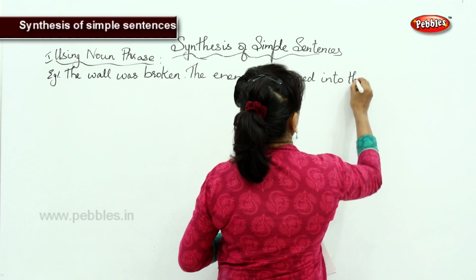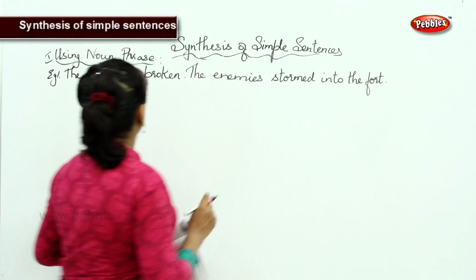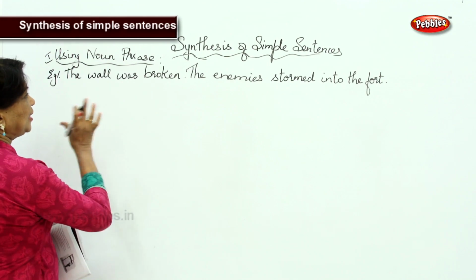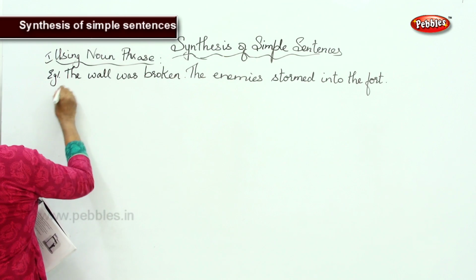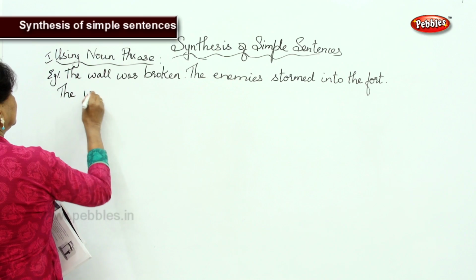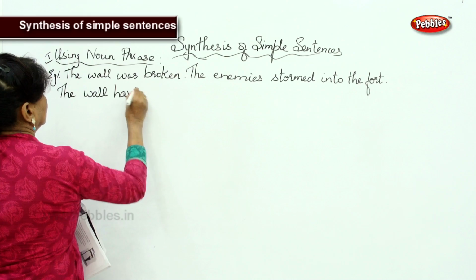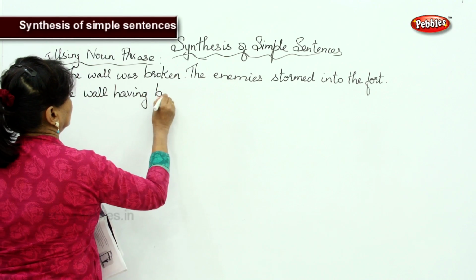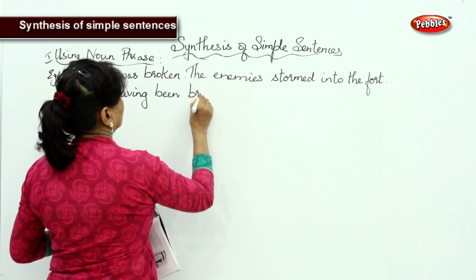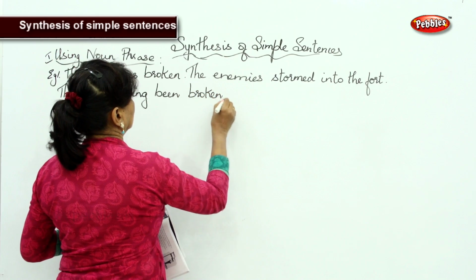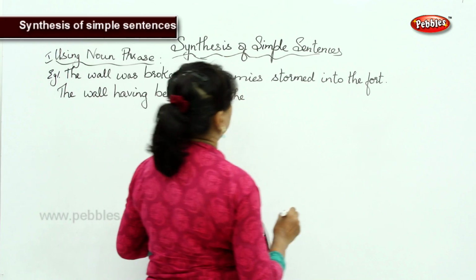Okay. Now we are going to use a noun phrase to combine these two sentences. The wall having been broken, the enemies stormed into the fort.